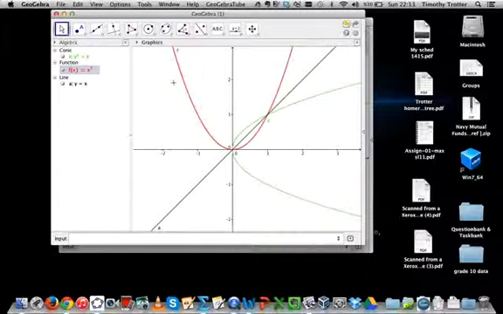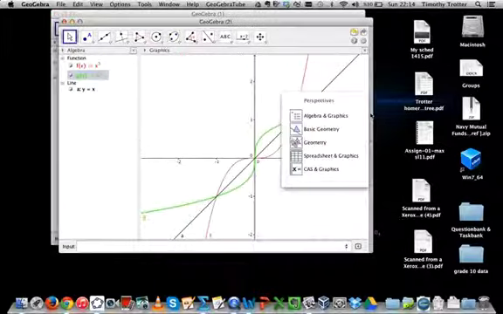If I take an original function and pass horizontal lines through that function, and I come across more than one point, then if I find the inverse, that inverse will not work unless I restrict the domain. So the horizontal line test tells us if a function has an inverse.